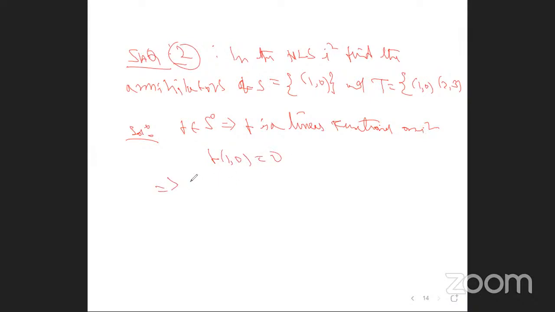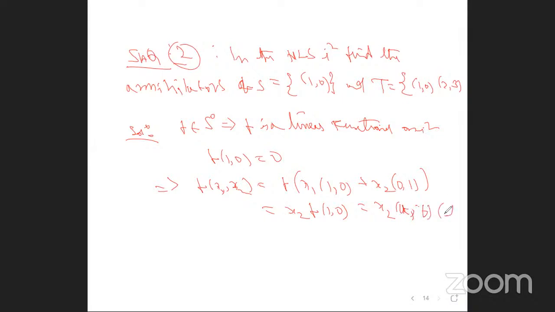That implies f of (x1, x2) equals f of x1 into (1, 0) plus x2 into (0, 1), that means x2 f of (0, 1), that equals x2 times (a, b). Let this be.